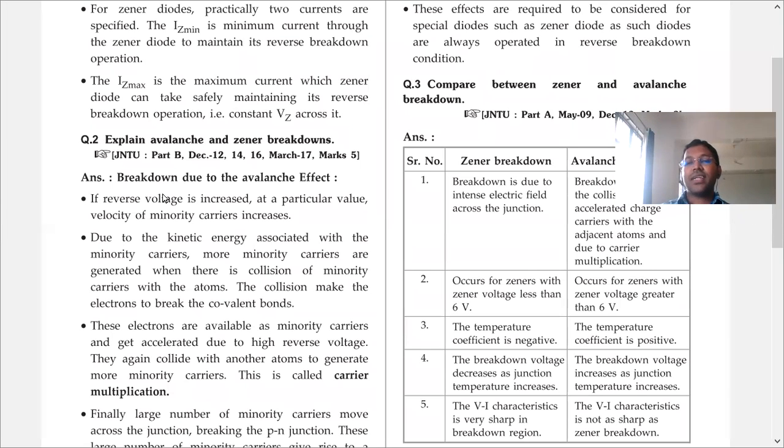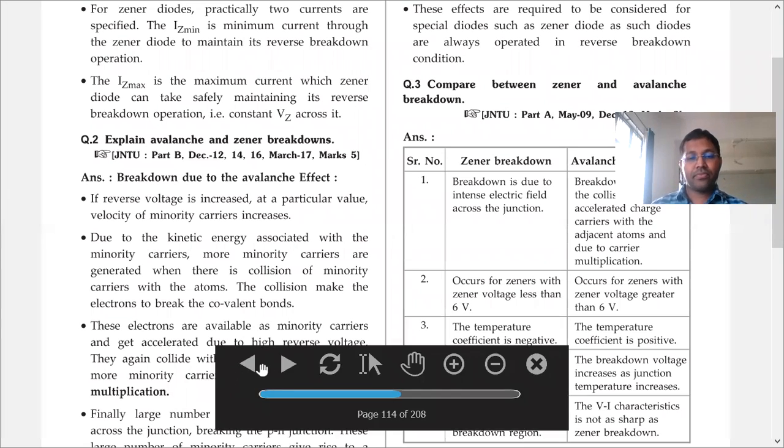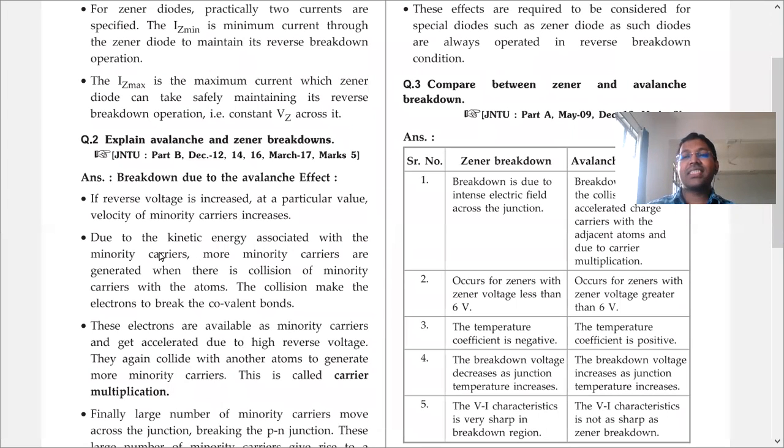These new charge carriers will further travel with high velocity, collide with a few more atoms, and release a few more charge carriers. This is called carrier multiplication, and it results in a large current. That is the avalanche breakdown.